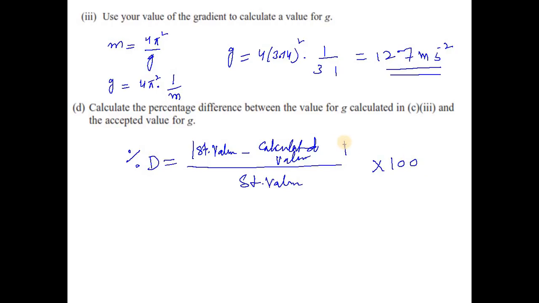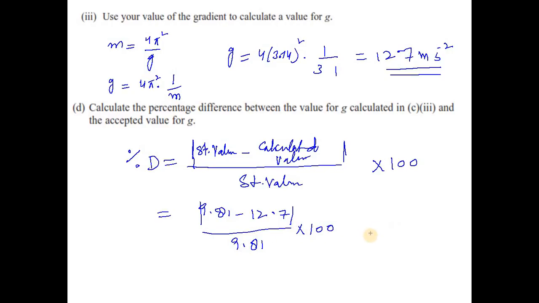We are using the absolute value here, so you can replace it with calculated value minus standard value, because we always have to use a positive sign. In this case, you can see that we have the absolute value of 9.81 minus 12.7, divided by 9.81, into 100.